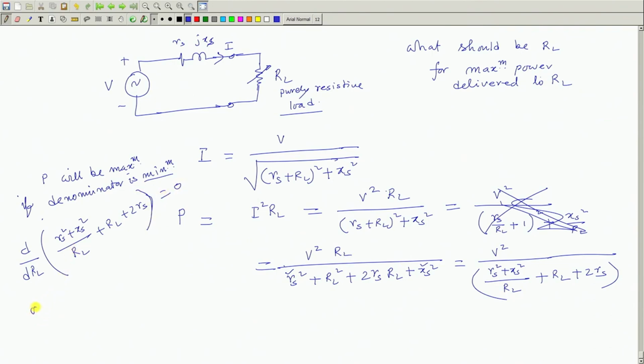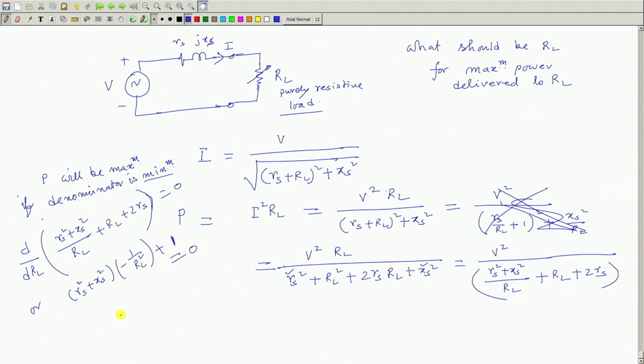What will be the differentiation? This will be RS square plus XS square, and this will be minus 1 by RL square, and plus 1, this will give you 1, and differentiation of RS being constant is 0, and this is equal to 0.